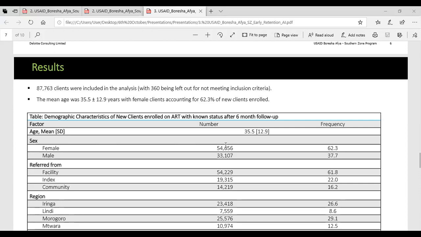Most of the clients were female, about 62%, and most of the clients were coming from Tier 1 facilities. Below is also the distribution for each region.